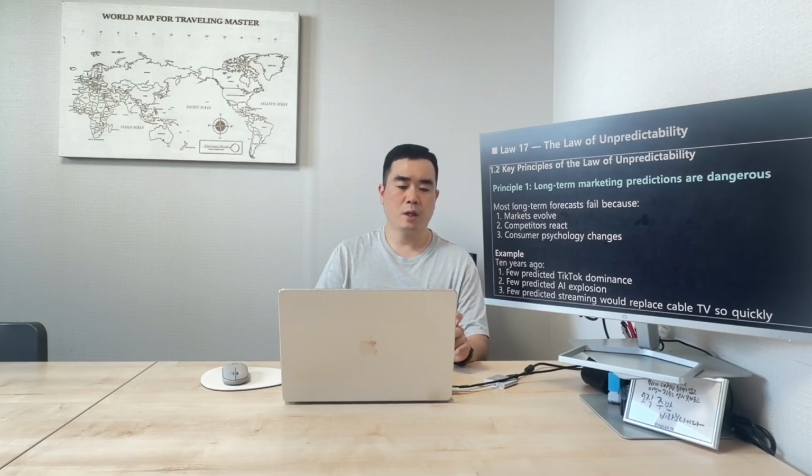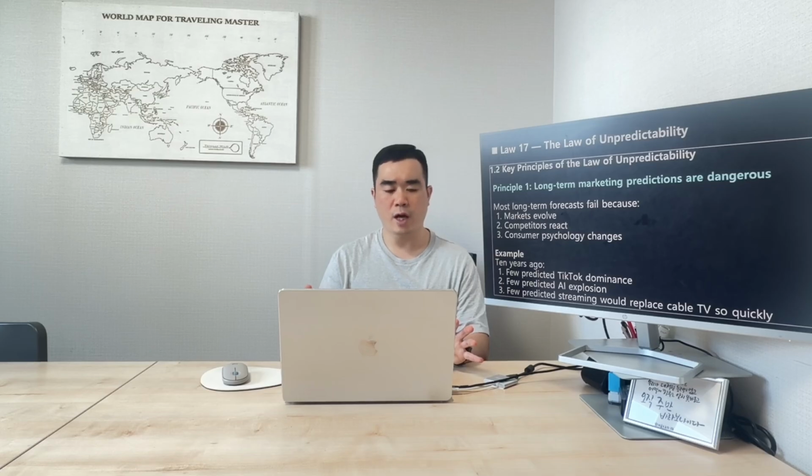The key principles of the law of unpredictability are like this. The first principle is that long-term marketing predictions are dangerous, because the world and the market are very unpredictable. Most long-term forecasts fail because markets evolve very fast, competitors' reactions are unpredictable, and consumer psychology changes very fast.